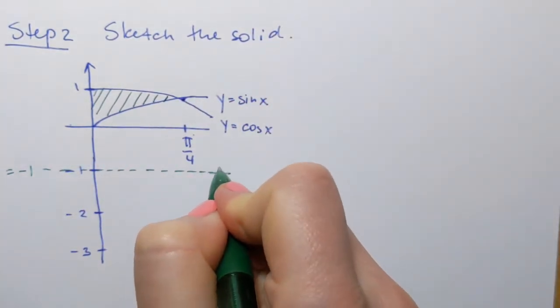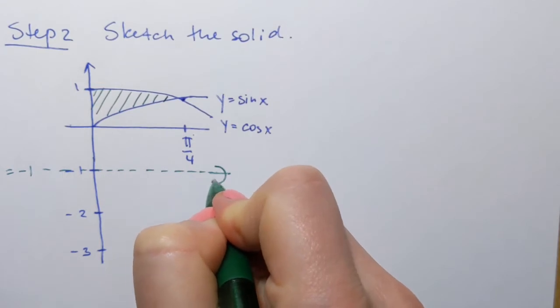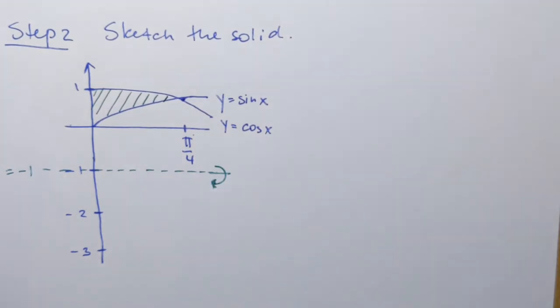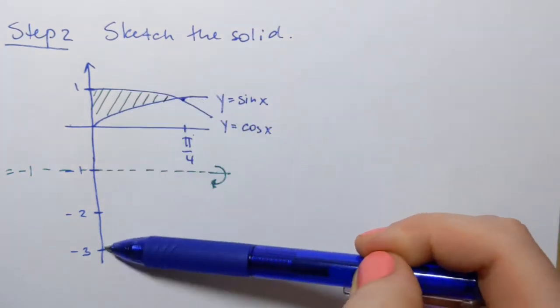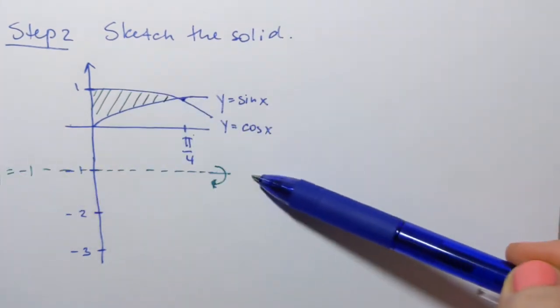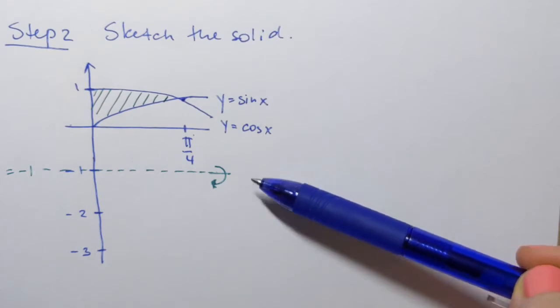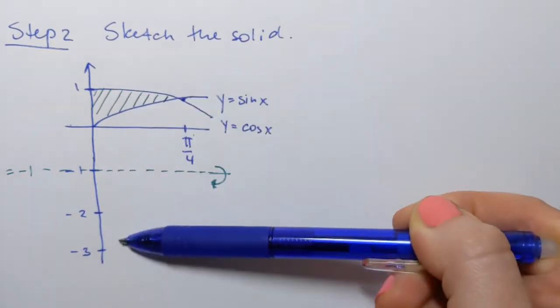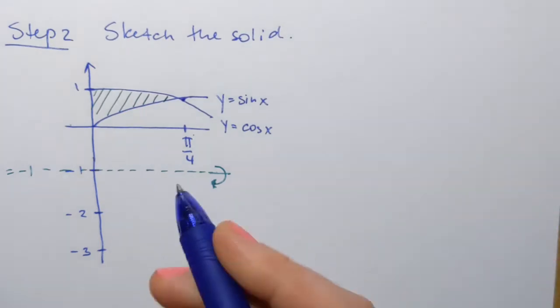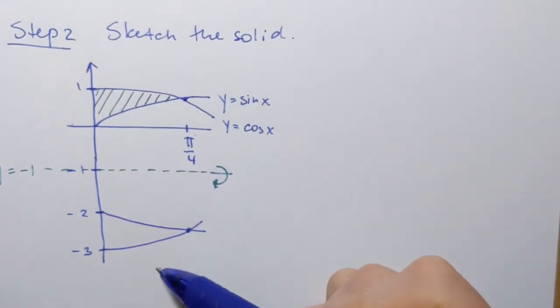So when you rotate the region, and if you're doing this by hand, what do you want to do? You want to start by reflecting this region over the axis about which you're rotating, or the line about which you're rotating. So if I reflect this region, because as I rotate it, well, it will appear down here, right? Okay, so this is about how it's going to look.